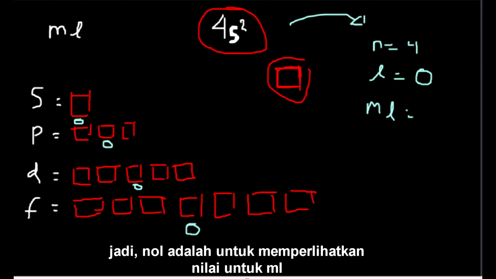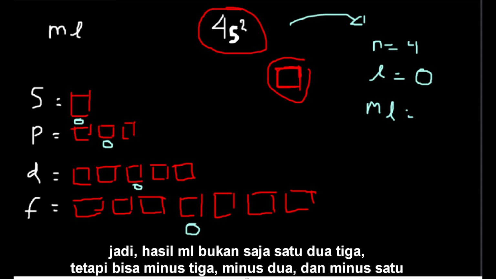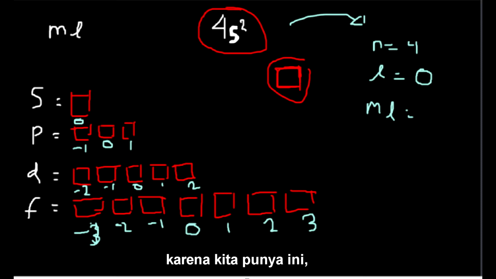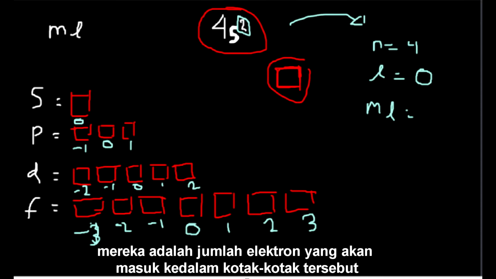What 0 means here is just a reference point, to tell you the ML value later on in this video. So for ML, it's not going to be just 1, 2, 3. There are going to be minuses. Since we have this, we have the electrons that can fit in these boxes, right?